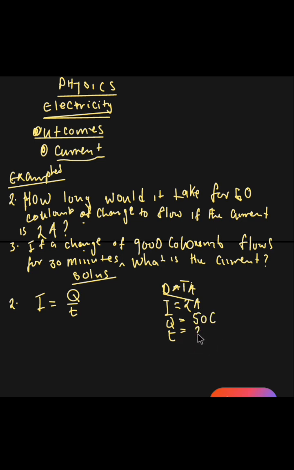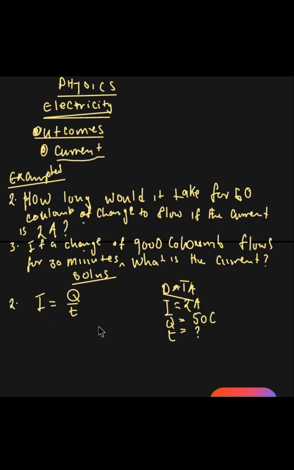But what about the time taken? The time taken is what we are looking for. So now, you can either try to change the subject of the formula, or you can just replace and do the calculation directly. To make it easy, I think I will just go direct without changing the subject of the formula. Then from there, the calculation will help us get to what we are looking for.